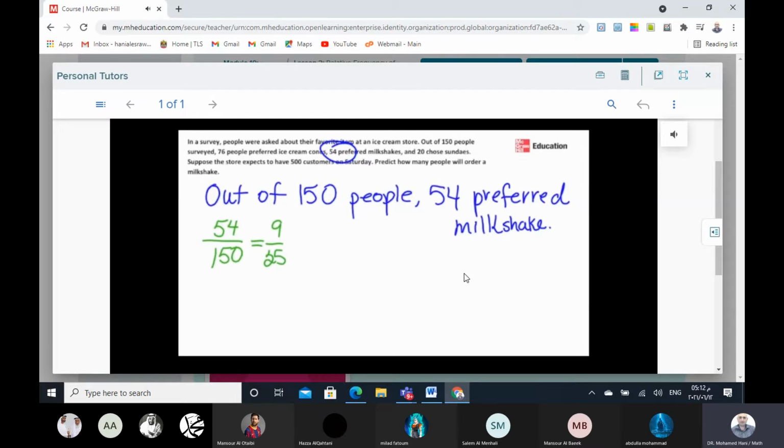So the next step will be to write a proportion where if 9 out of every 25 people prefer a milkshake, then how many out of 500 people prefer a milkshake? Find the cross product. So 9 times 500 is equal to 25 times x.